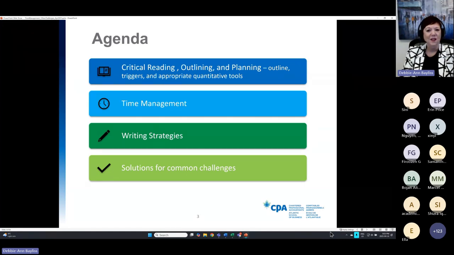So as a result, a large part of our agenda today focuses around critical reading, creating an outline, and planning. When it comes to critical reading, we're going to talk about the various triggers that indicate this is a required, this is an ask.